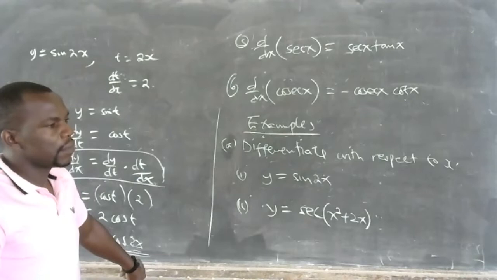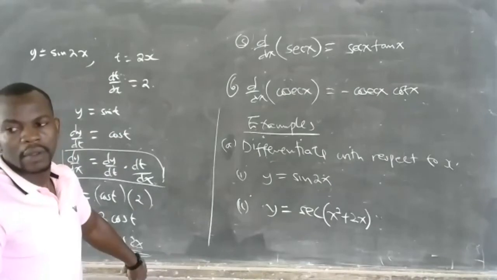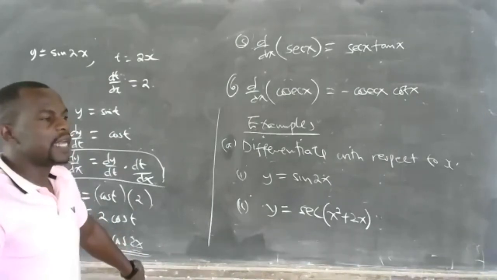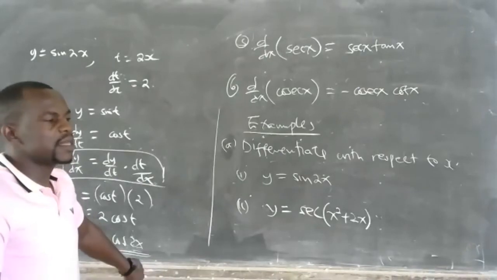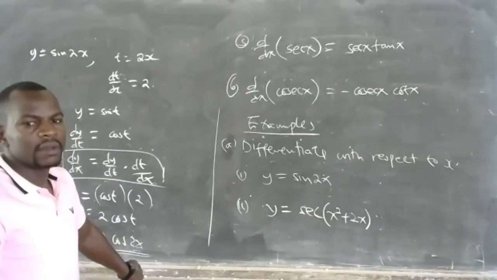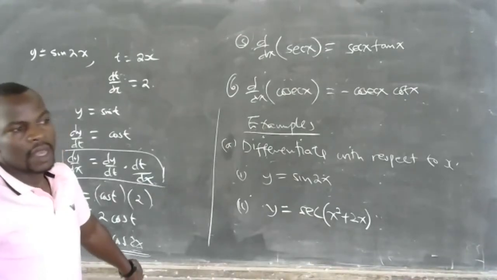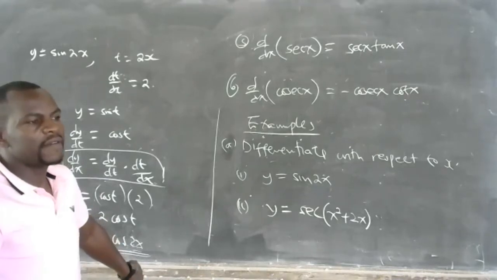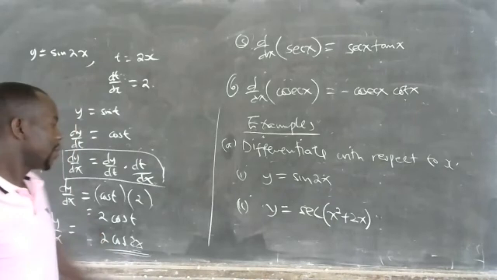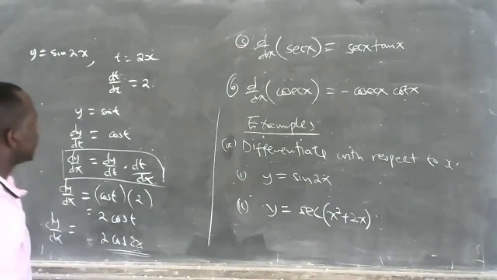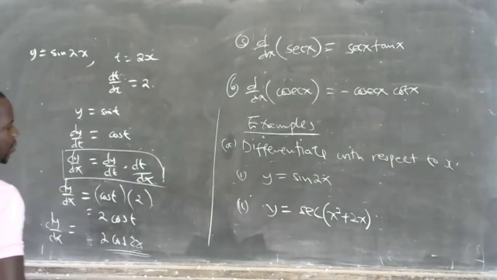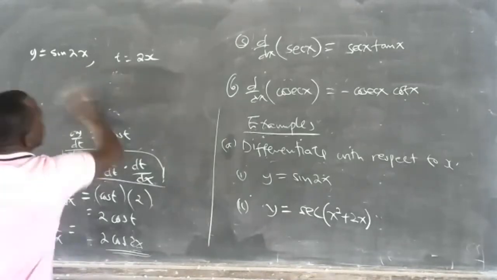So when I'm multiplying, I'm not seeing anywhere forward. You get sec t tan t, right? After this, you put back the value of t. Teacher, we remain with an x in the equation.